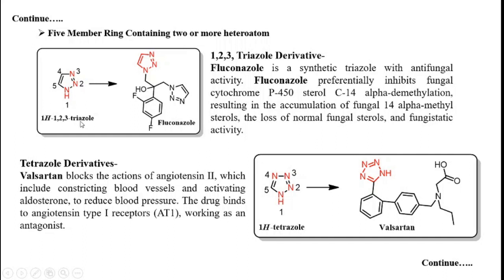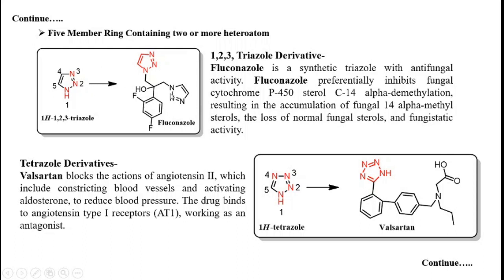The 1,2,3-triazole is a 5-member ring which contains 3 nitrogens at the positions shown here, 1, 2, 3, and it is fully unsaturated because ole shows unsaturation in the 5-member ring.